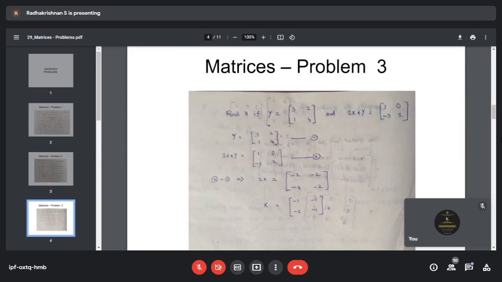The first term is 1 minus 3, so that will be minus 2. Similarly this term is 0 minus 2, so that is also minus 2. This term is minus 3 minus 1, so minus 4. Similarly 2 minus 4 is minus 2. So this is 2x. Since this is 2x, x is determined by dividing each term by 2. So that becomes minus 1, minus 1, minus 2, minus 1.